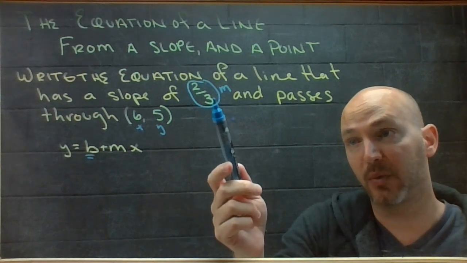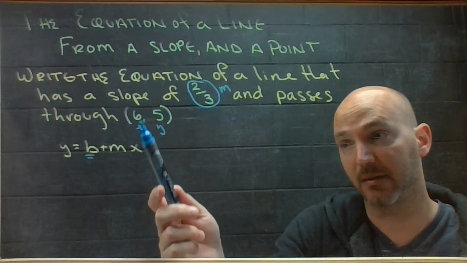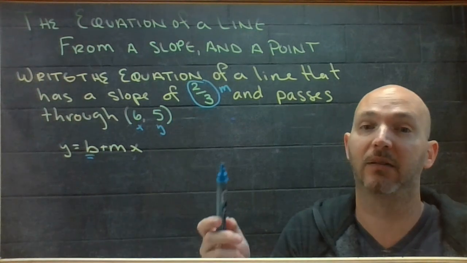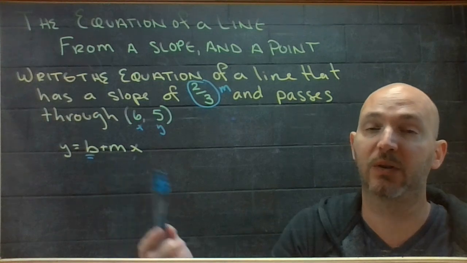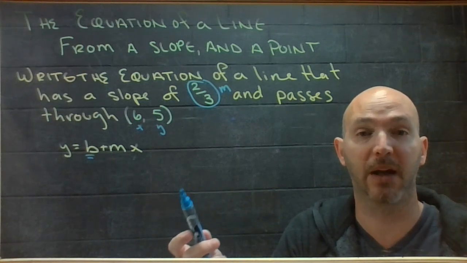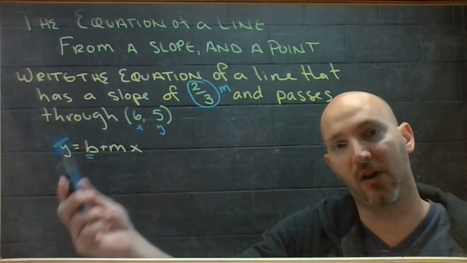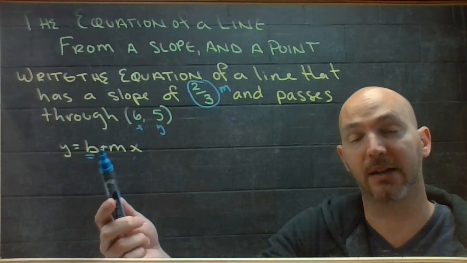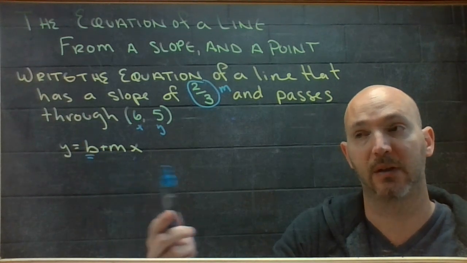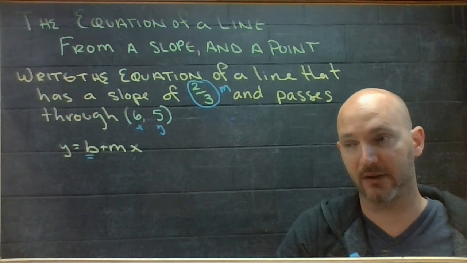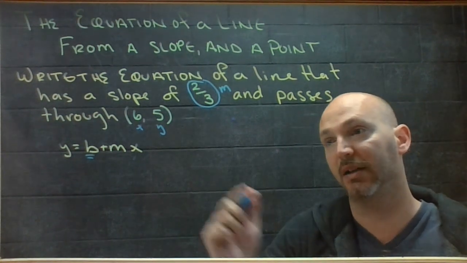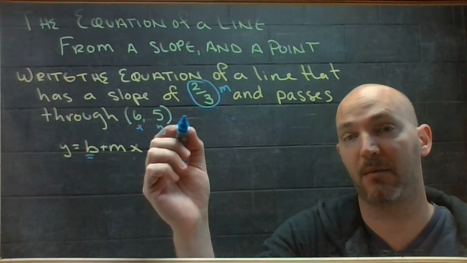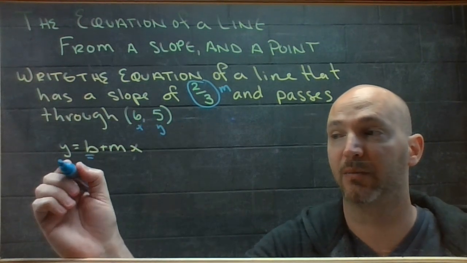But if you were to put this number here, and this number there, the only letter left is the y-intercept, and you can use your algebra and BEDMAS skills to get all of the other numbers together and calculate an answer for this. So I'm going to give that a try here. Because the line passes through 6, 5, the y value will be 5.